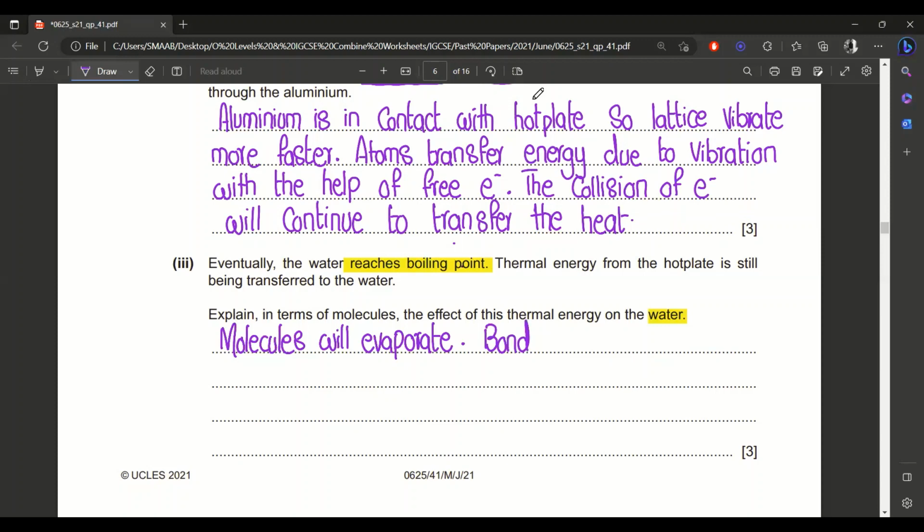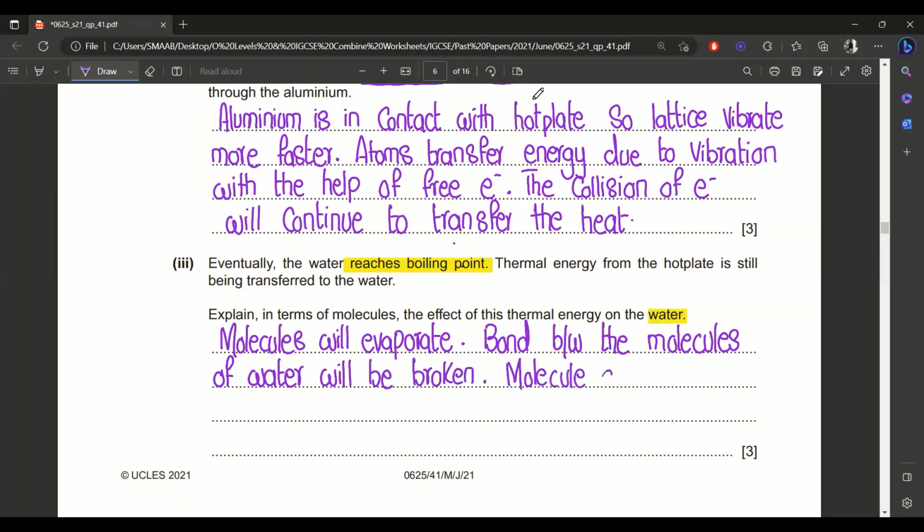So the bonds between the molecules of water, and molecules gain potential energy, because kinetic energy is directly proportional to temperature, and now it is going to convert into steam, and the remaining molecules will have an increase in their potential energy.